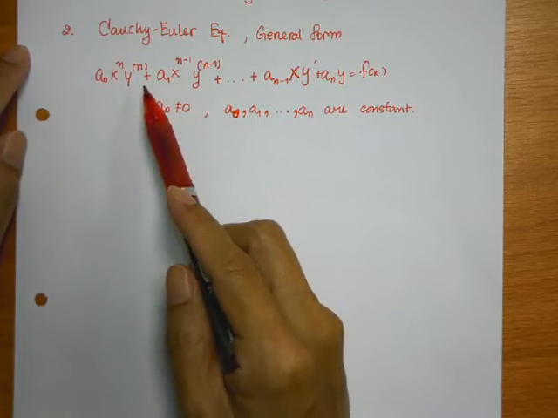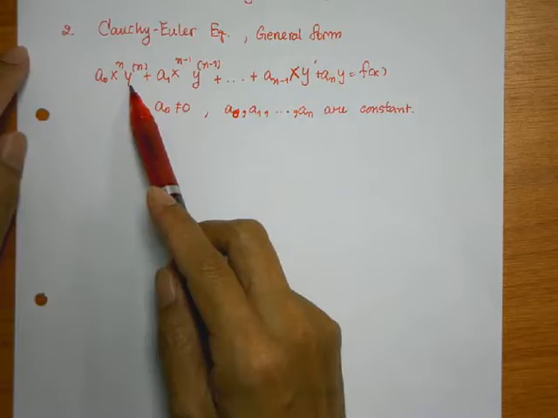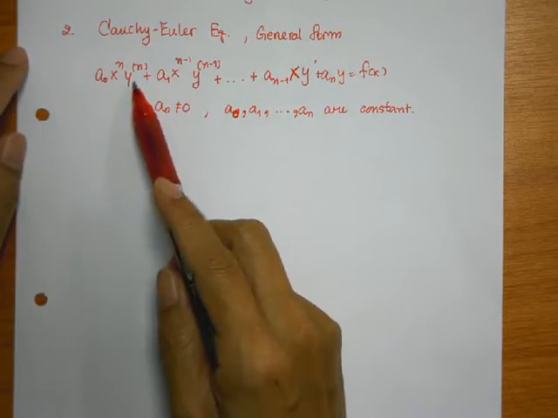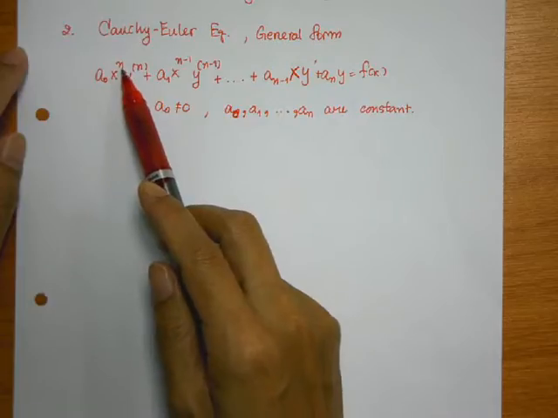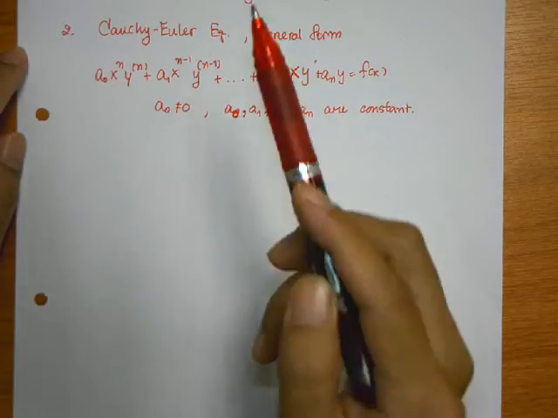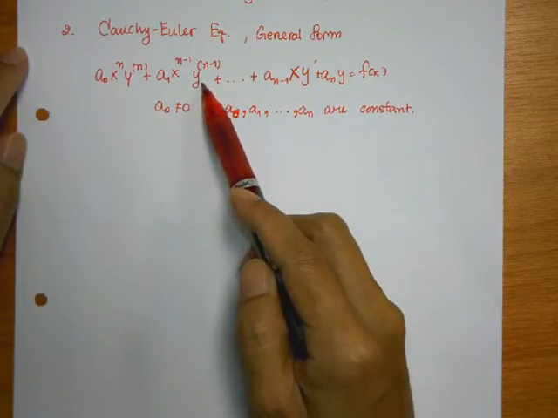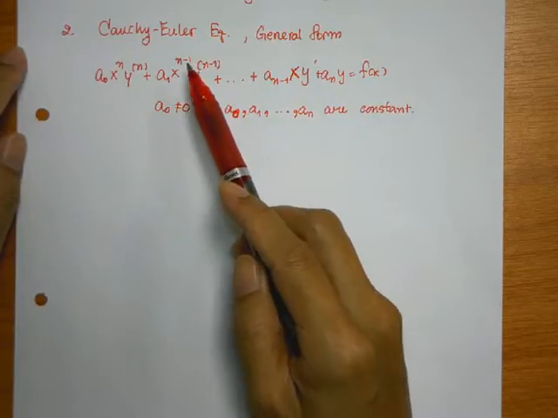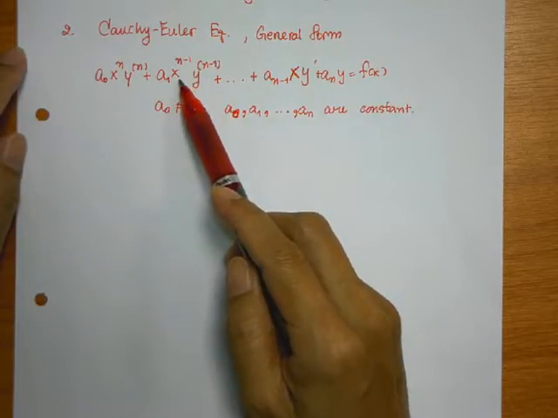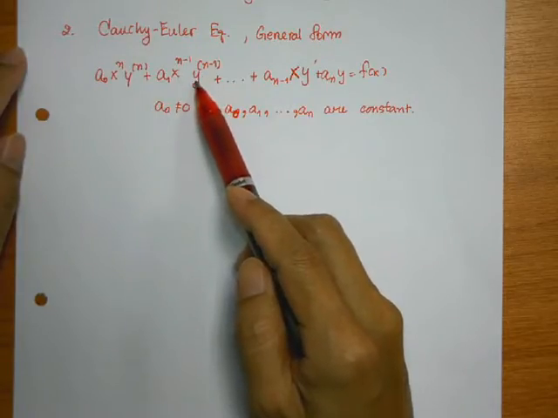For example, y is in the nth derivative term, so you have x to the power n times this y. And this is the derivative of order n minus 1, so you have x to the power n minus 1 times this derivative of y.